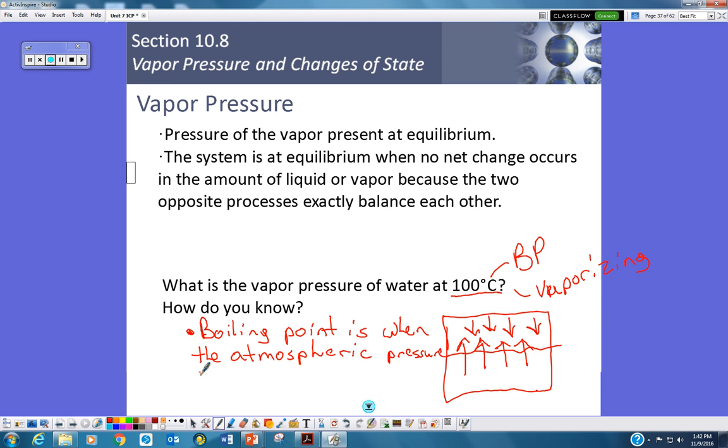Boiling point is when the atmospheric pressure is equal to the vapor pressure.